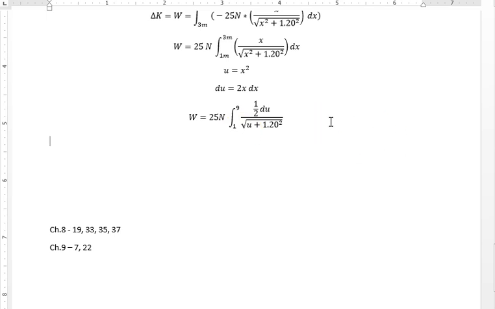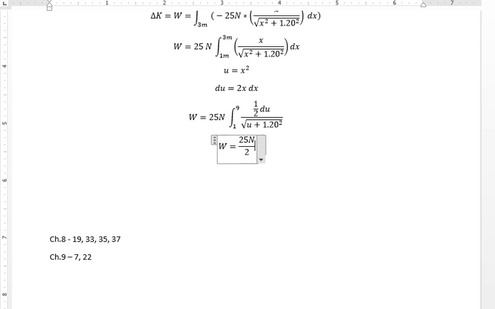Now we have du over the square root of u plus 1.20 squared. Let me go ahead and pull out the 25 newtons over 2. The integral of 1 over the square root of u plus a constant is twice the square root of u plus 1.20 squared, that is, u plus 1.20 squared to the 1/2.